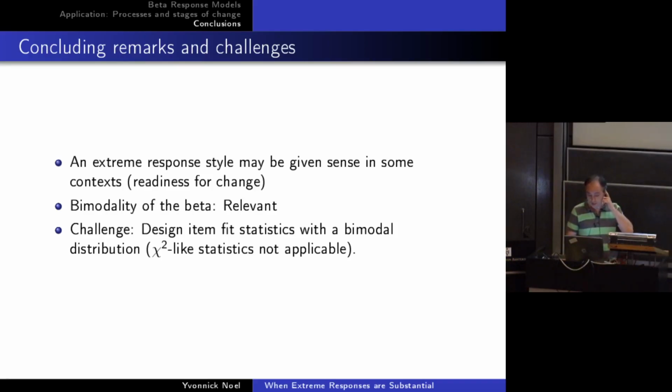Then a challenge might be to design some kind of item fit statistics, because as soon as you have bimodality, it becomes clear that central measures, such as chi-square derived measures, are probably not appropriate. I thank you for your attention.